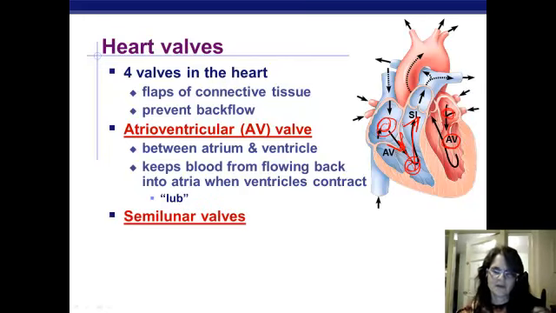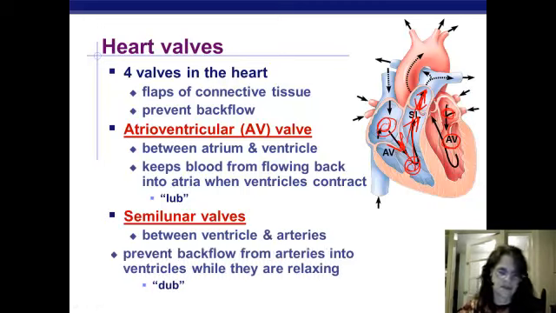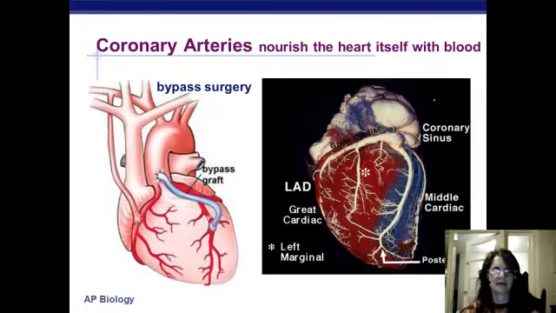The semilunar valves are simply between the ventricles and the arteries where the blood is going to flow. So if this is going to the lungs, this semilunar valve is going to prevent the blood from going back into the heart from this major artery. Semilunar and atrioventricular valves all do the same thing. They prevent backflow.